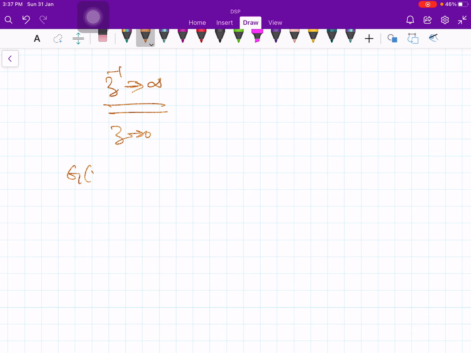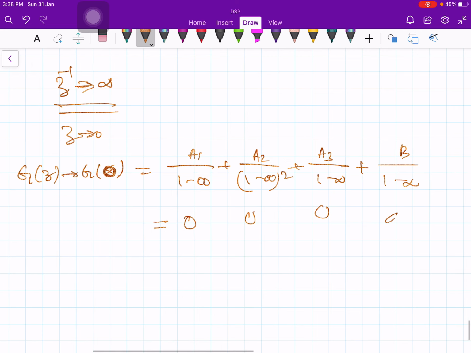Therefore, G of z becomes G of 0. Therefore, G of 0 is equal to A1 divided by 1 minus infinity plus A2 divided by 1 minus infinity whole square plus A3 divided by 1 minus infinity plus B divided by 1 minus infinity. So all the terms are vanishing here.